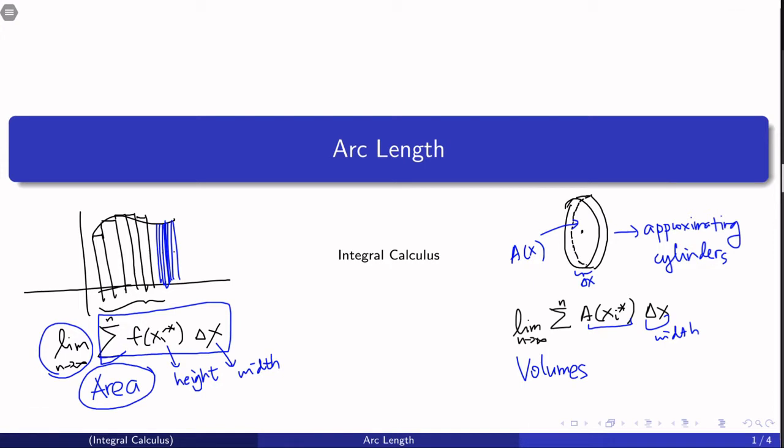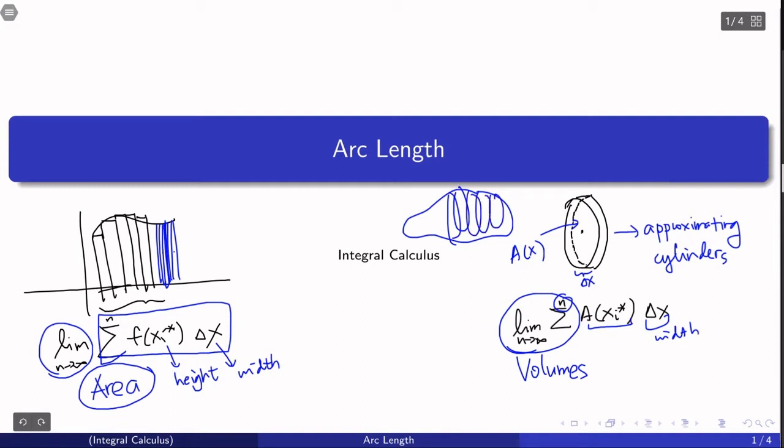And so this Riemann sum up to n and the limit as n goes to infinity together means we're taking thinner and thinner cylinders until you can imagine it as simply taking infinitely many thin cross sections of the solid that you have to get the volume.